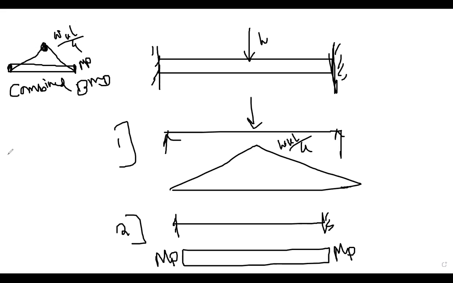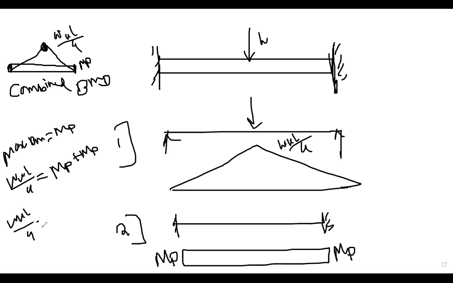So now, as I told, maximum bending moment is equal to MP. So now WU L by 4 is equal to MP plus MP, two plastic moment. So WU L by 4 is equal to 2MP. So what is the collapse load for the fixed beam subjected by point load? It is equal to 8MP by L.